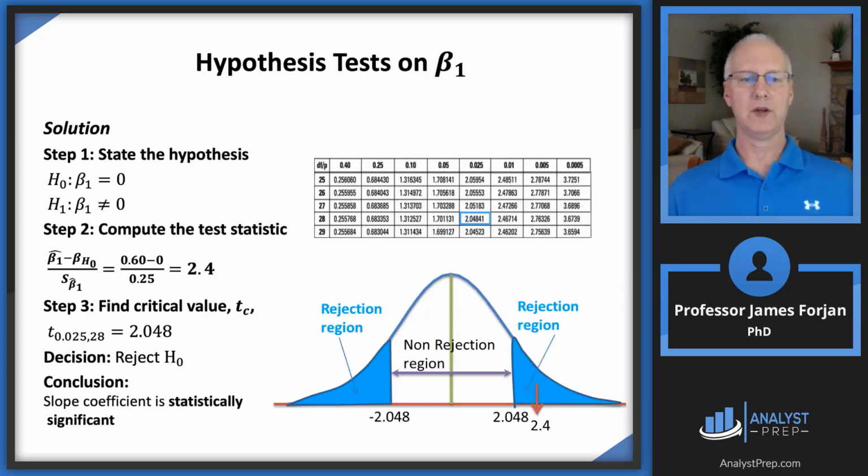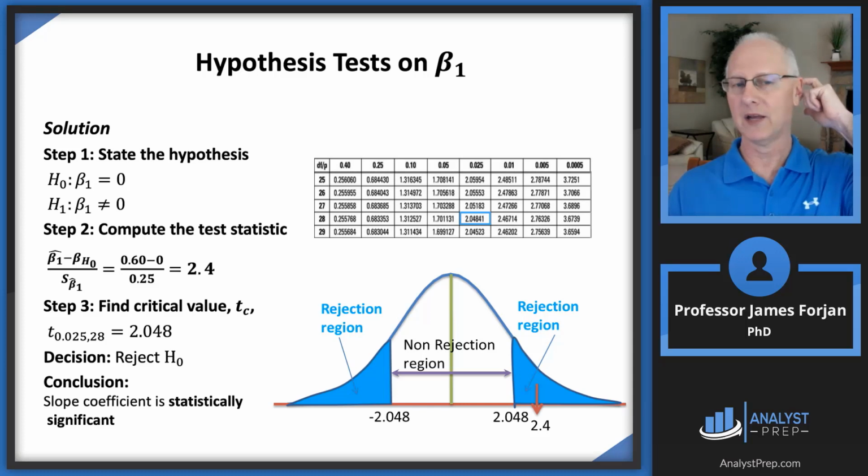Now, what I want you to do is look just quickly at step 2. I want to give you kind of a big picture thing here. So look at that formula. We got 0.6 minus 0 over 0.25. So when is that number going to look an awful lot like 0? The 0.6 is the estimate, right? And 0.25 is the estimate of variability. What would force that number to look like 0 or be some number around 0?